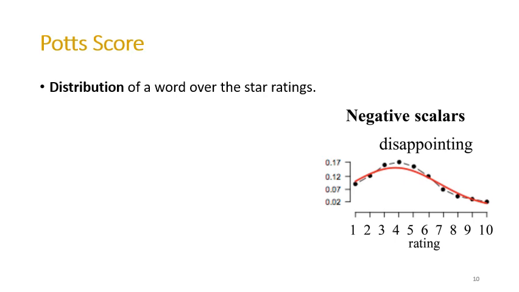Now, what can you do with the star ratings? One of the interesting things that you can do is finding out the distribution of a word over the star ratings. So you want to see what is the distribution of this word appearing across all the rating scores. Let's take a look at the word disappointing in this graph.